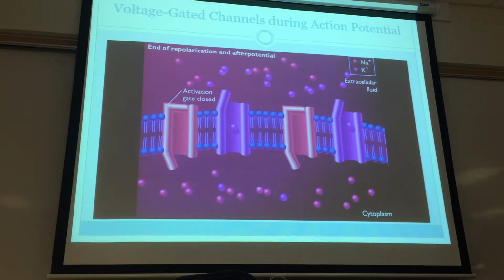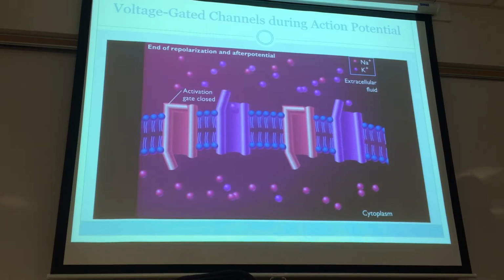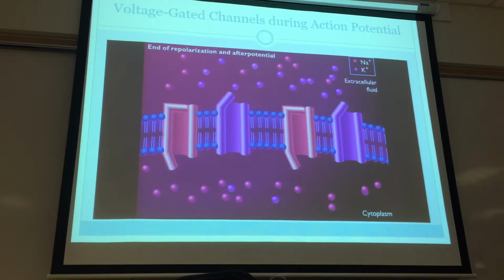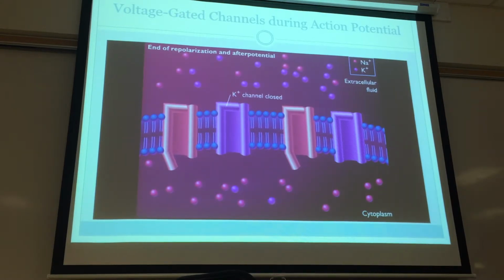The extra efflux of potassium ions causes the membrane potential to become slightly more negative than the resting value. After the voltage-gated potassium ion channels close, the active transport of sodium and potassium ions reestablishes the resting membrane potential.